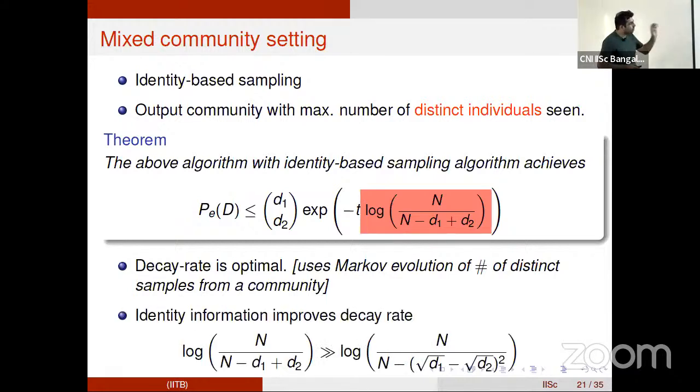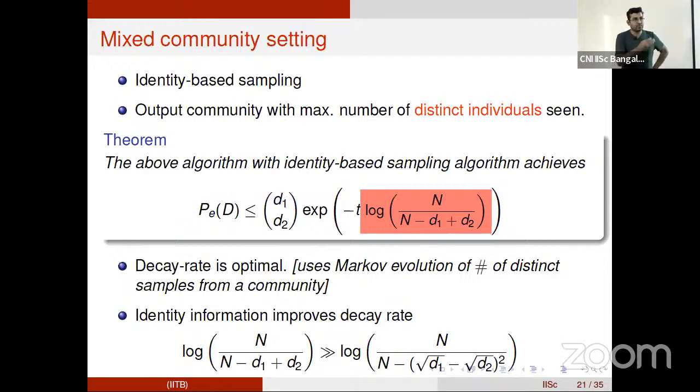Okay, so we now know the error rate using identity-based sampling, and we know the error rate if you ignore the identity information, and we can compare those two bounds, and we find indeed that identity information can greatly improve your decay rate.